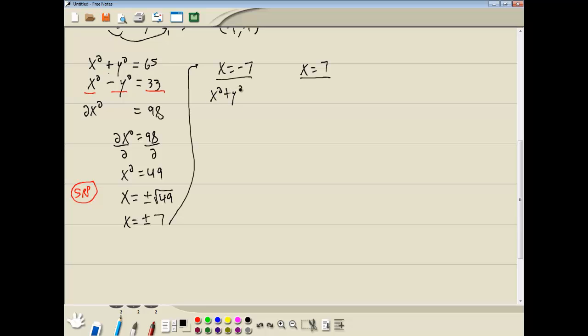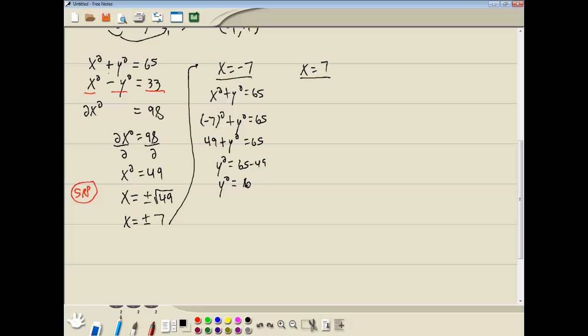So we got x squared plus y squared is equal to 65. x we just said was -7, so we got -7 squared plus y squared equals 65. -7 squared is 49 plus y squared is equal to 65. Take 49 over, and you get y squared is equal to 65 minus 49, which gives us 16.